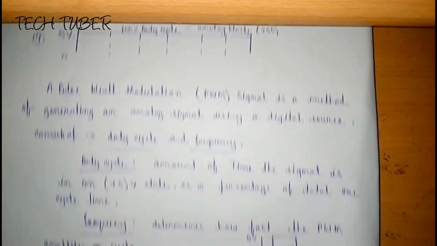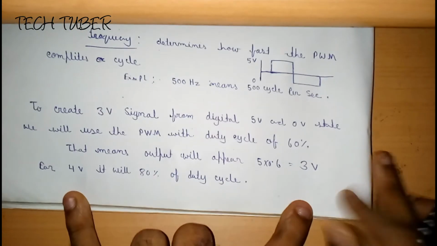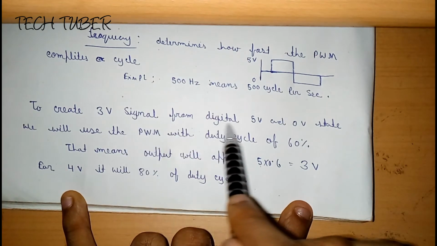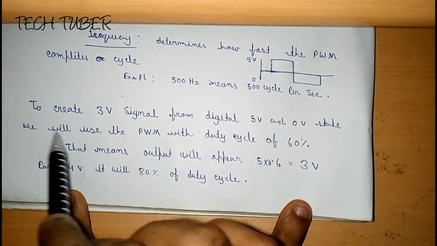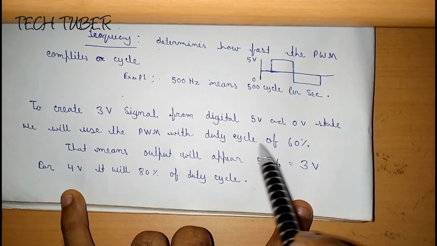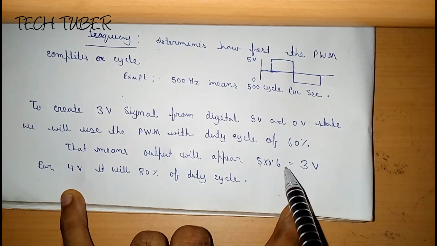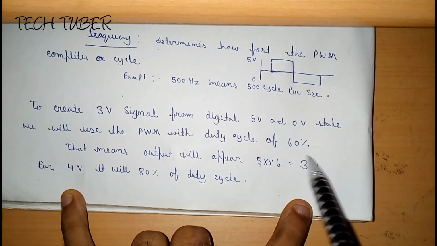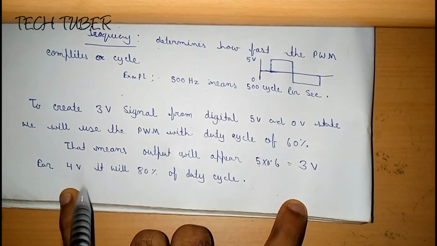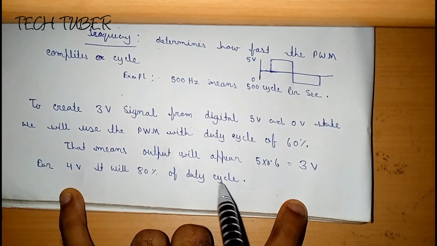And now for example, to create a 3 volt signal from digital 5 volt and 0 volt states, we will use the PWM with a duty cycle of 60%. That means output will appear 5 times 0.6 equals 3 volt. For 4 volt, similarly, it will be 80% duty cycle.